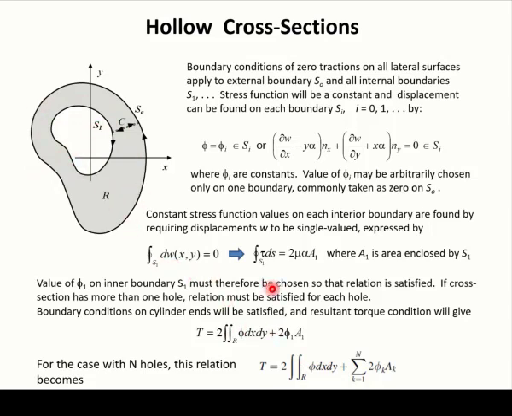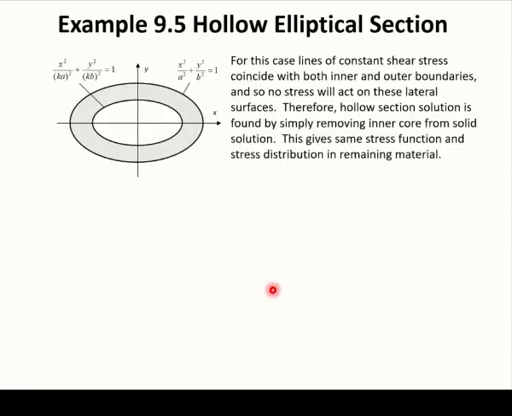All right, so we will solve some examples to understand this a little bit better. The first one is, as we did for the solid cross-section, the elliptical section. This is what we started with, the outer ellipse, and now we will select something smaller inside of our initial elliptical region.